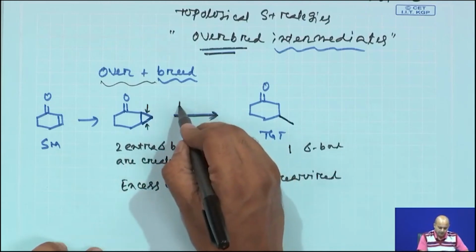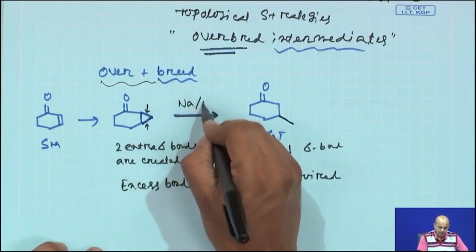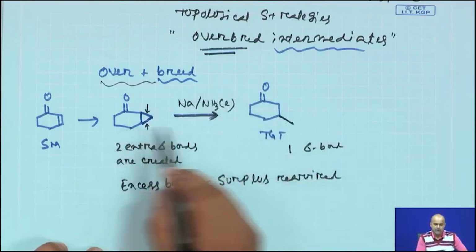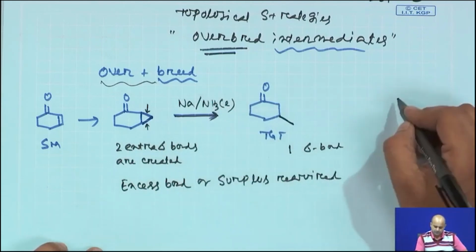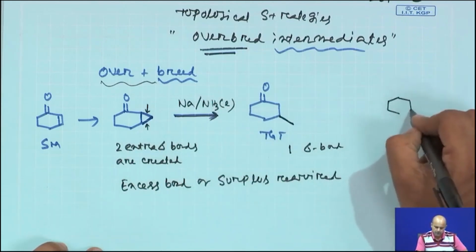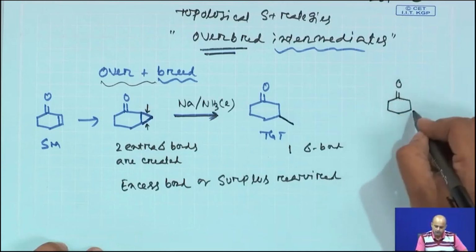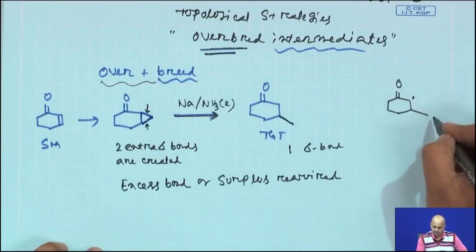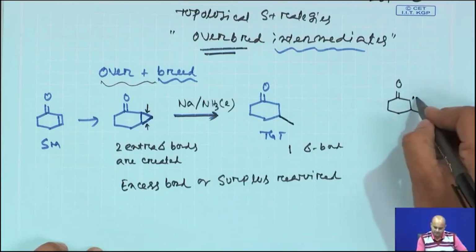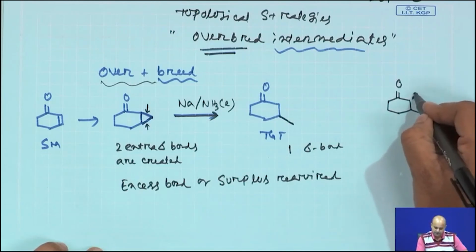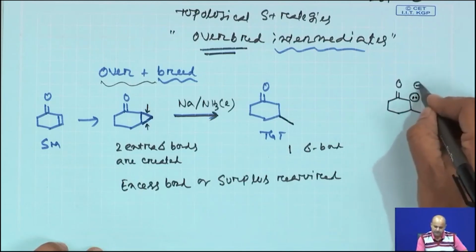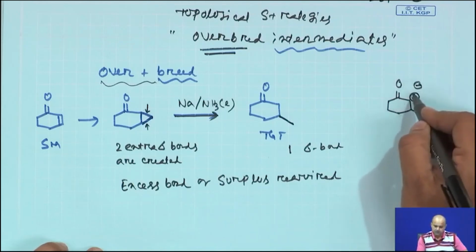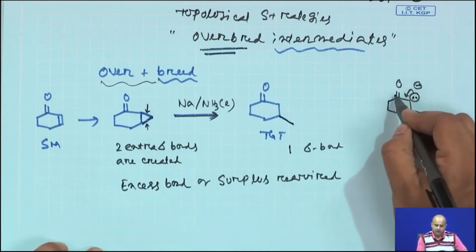Now, we do a reductive cleavage using sodium in liquid ammonia. This reaction we have already explained. It goes through a single electron transfer pathway. You have a radical, which is quenched to give a negative charge, and this negative charge is exceptionally stable and can be easily analyzed.